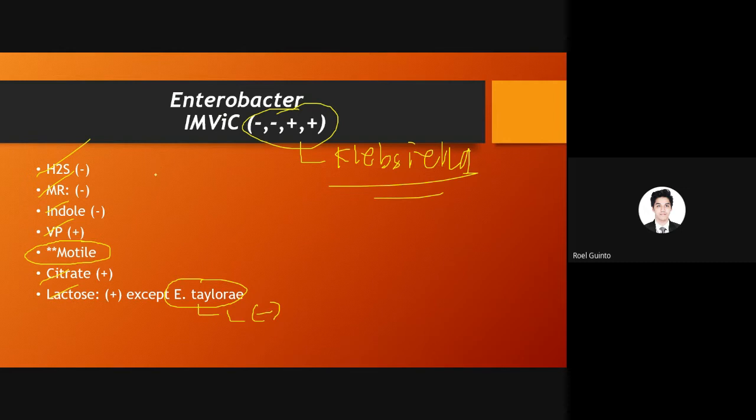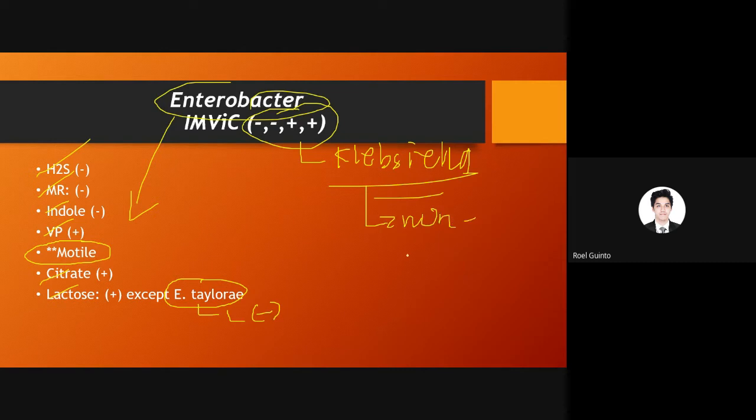And guys, baka magtanong, so paano natin ma-differentiate si Klebsiella from Enterobacter? So, na-discuss natin kanina guys, that they have the same biochemical result, which is the negative, negative, positive, positive. Pero, ma-differentiate natin si Enterobacter from Klebsiella, we need to perform motility testing because Enterobacter is motile, while Klebsiella is non-motile.